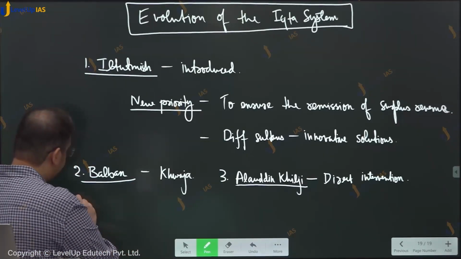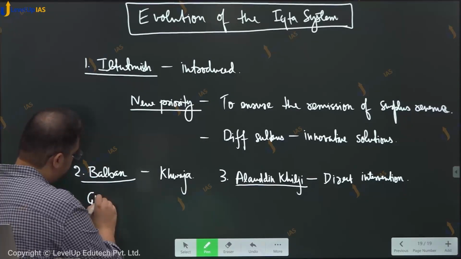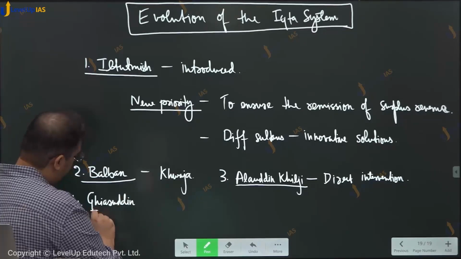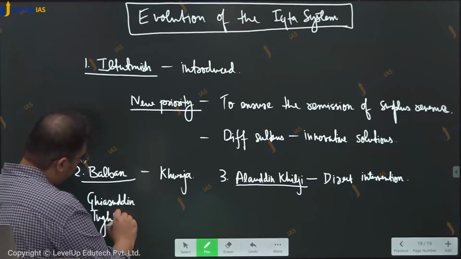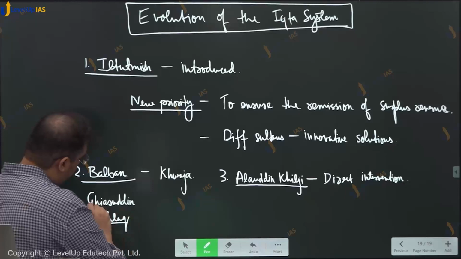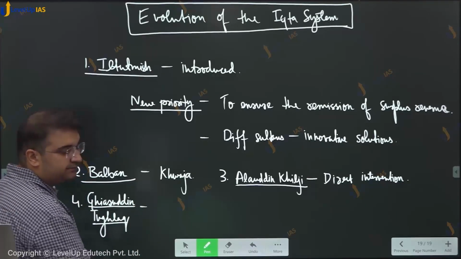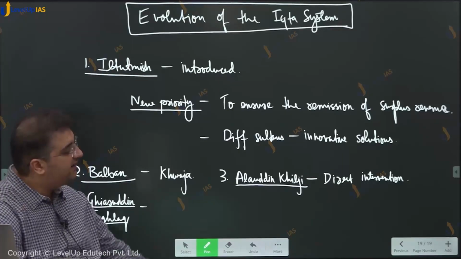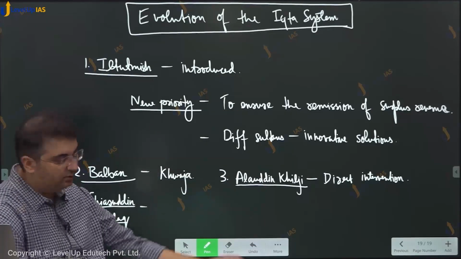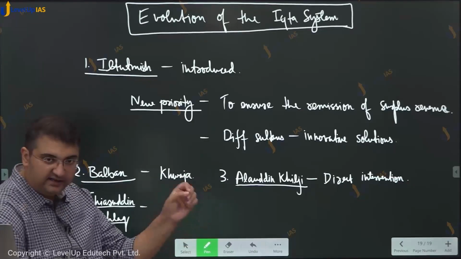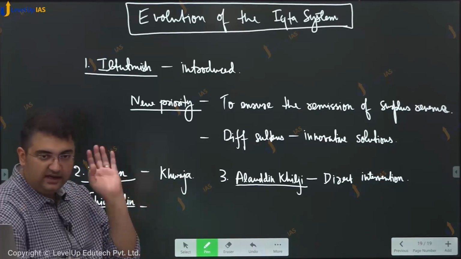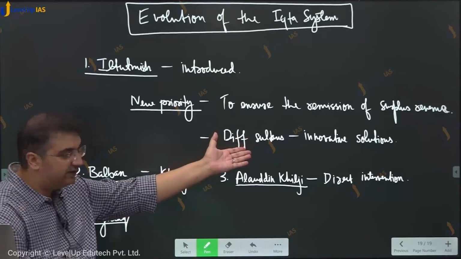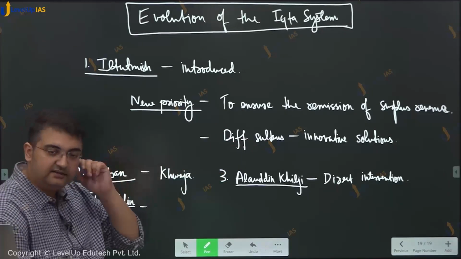Next, Ghiyasuddin Tughlaq. Now, he had done away with the Mashahat system, so the policy of direct intervention of the center in revenue administration had been eliminated, but still the problem of ensuring the regular supply of fawazil to the center remained.